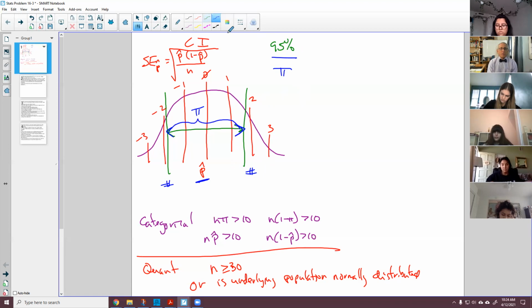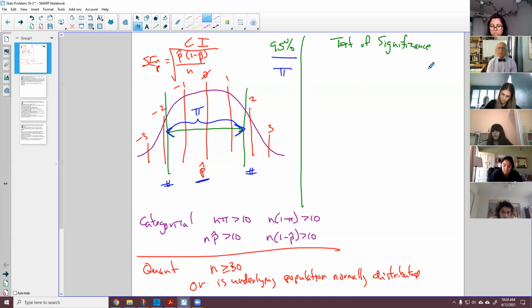Now, the difference between that and a test of significance is that with a test of significance, I'm starting with a hypothetical value for pi. I am saying, I think the actual population parameter pi is equal to something.